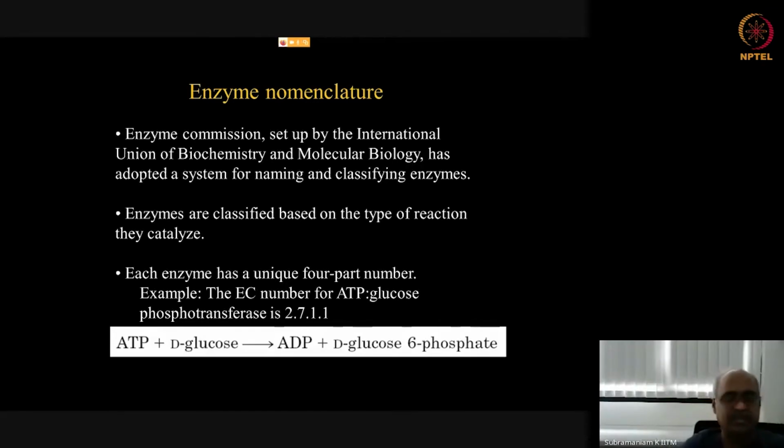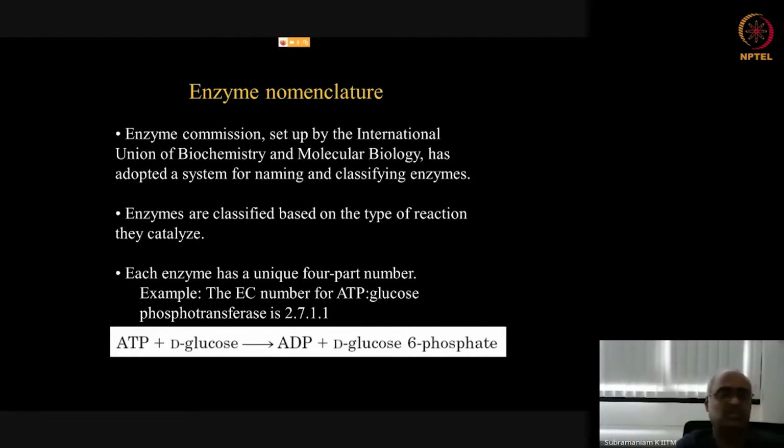You may not even have considered the substrate. Maybe you would have considered the name of the organism where you isolated it and you gave a name based on that organism. Someone else working continents away discovered the same enzyme from some other source and gave a different name.